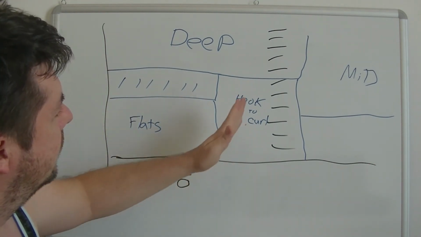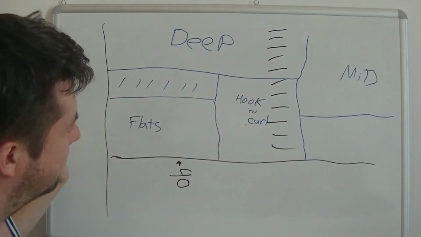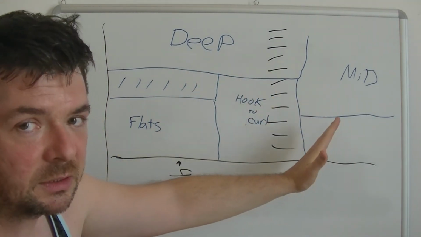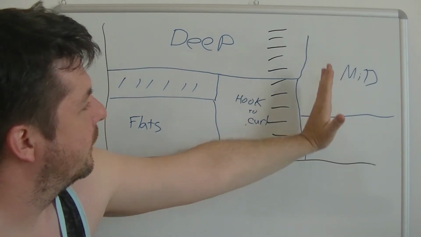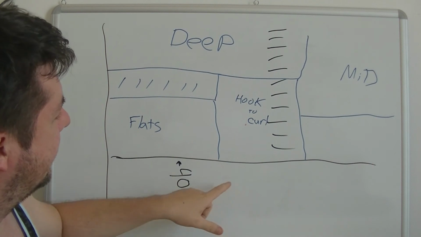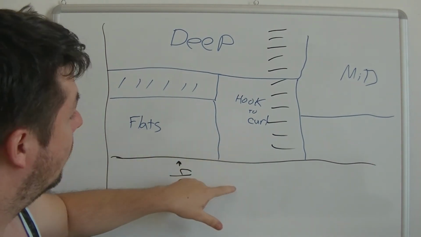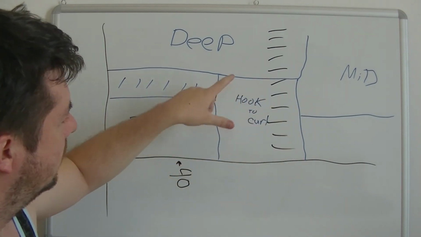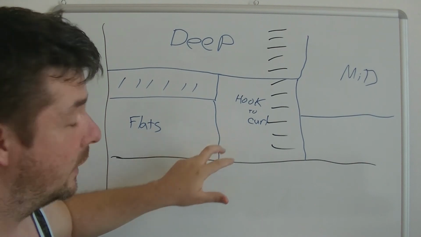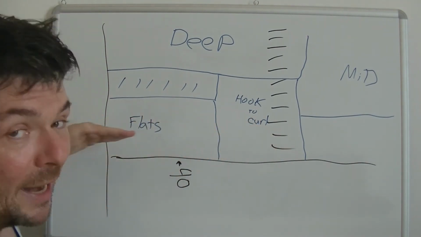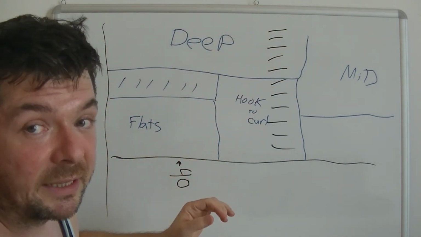Now, there's subdivisions, like a curl to flat, and then a hook to force, but that's way further in, where the force is much more in this area. But if you got a receiver that runs up and curls, that's why it's called a curl. Or they run up and they do a hook, it's because these are the kind of routes that will run in there. The flats is just a flat part of the field, and then deep is deep, and that's the middle. I mean, they're not complexly named.